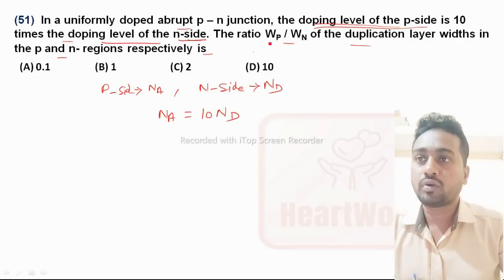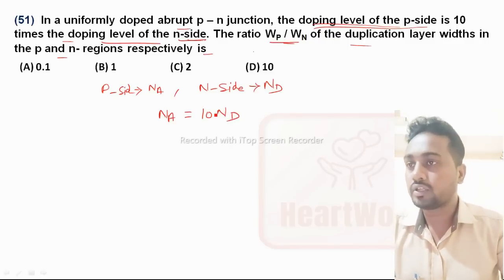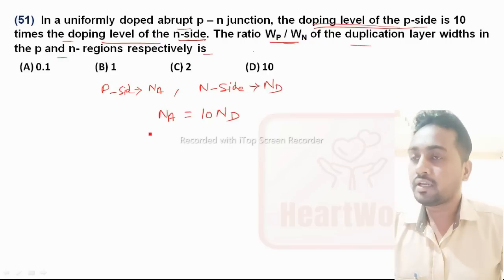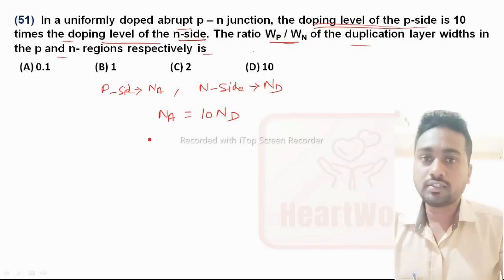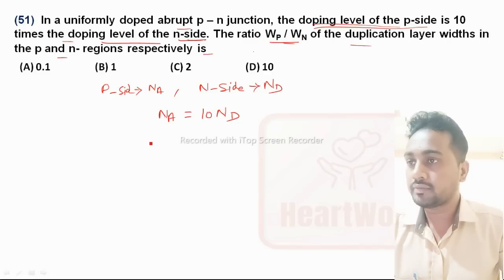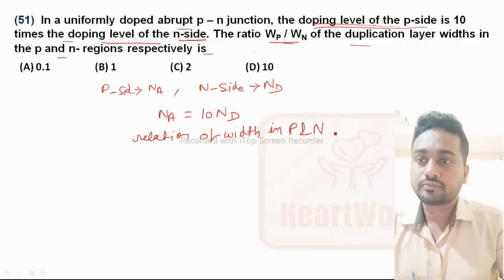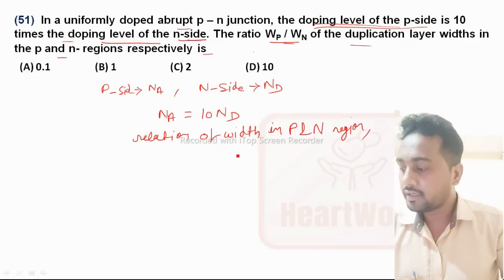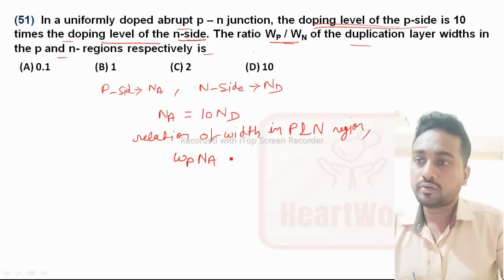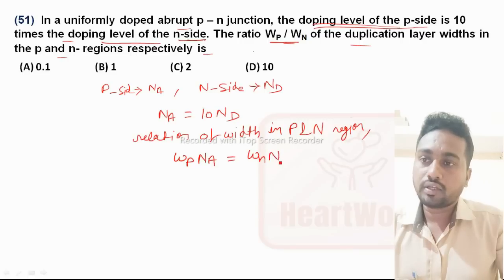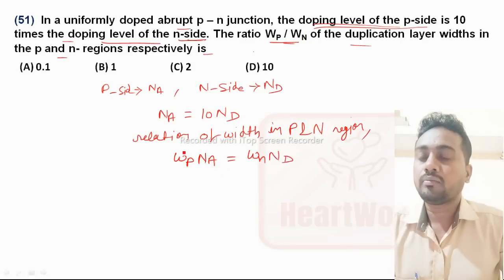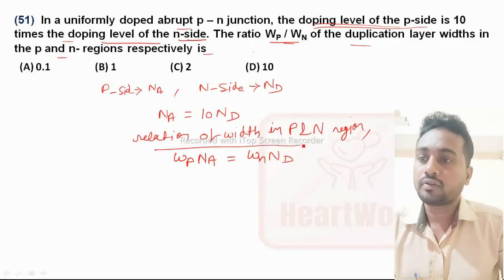So we have to find the ratio Wp by Wn, the widths. The relation of widths in the p and n region is Wp Na equal to Wn Nd.